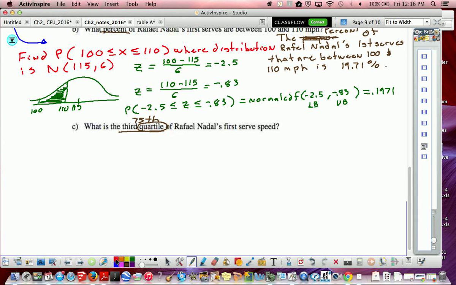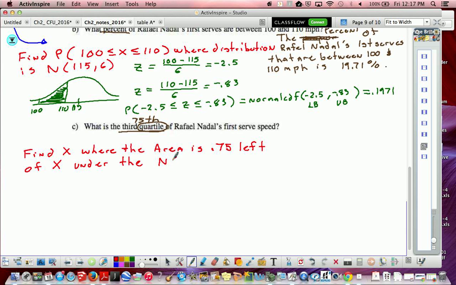So in this case, we want to find X where the area is 0.75 left of X under the normal curve with a mean of 500 and a standard deviation of 100.